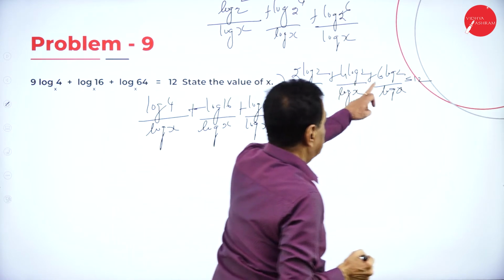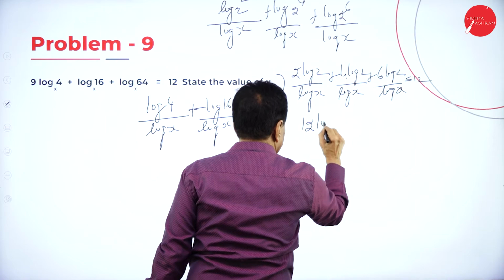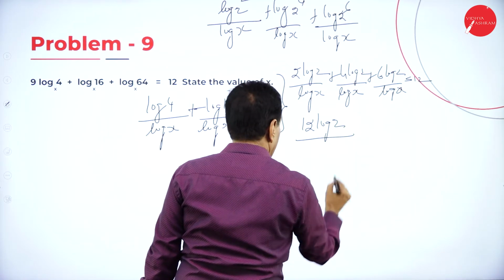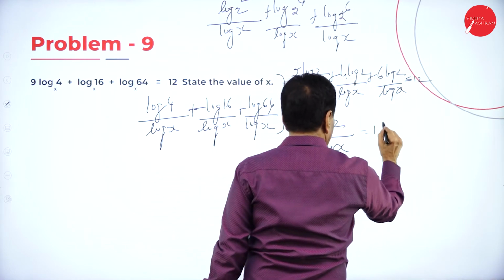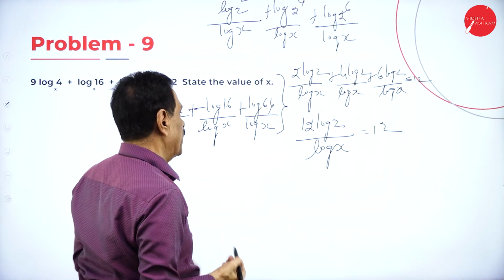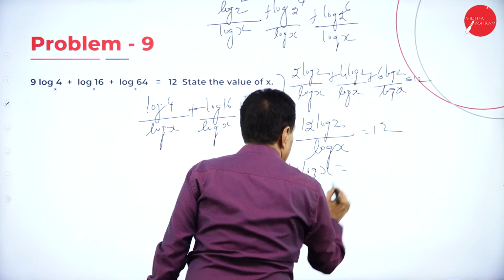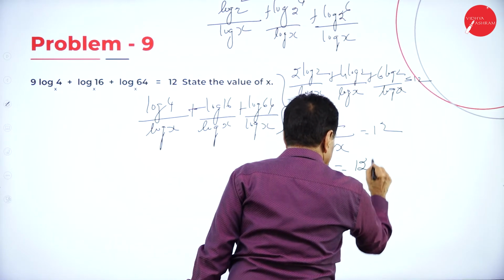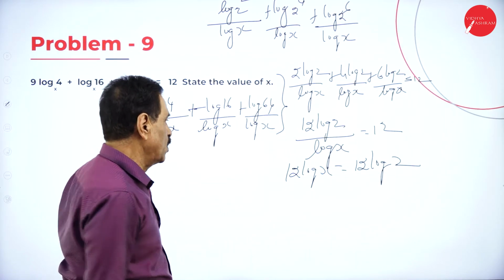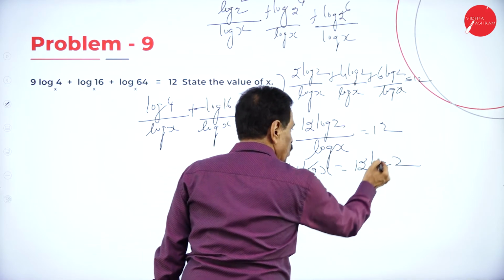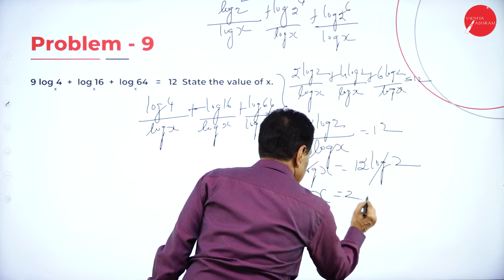So 2 plus 4 is 6, 6 plus 6 is 12, so 12 log 2 divided by log x is equal to 12. Simplify. So 12 log x is equal to 12 log 2. Dividing by 12, the 12 cancels out. x is equal to 2.